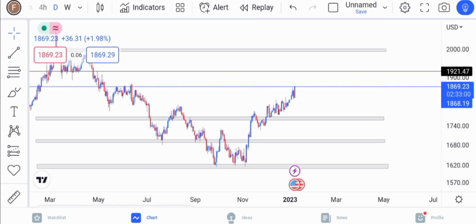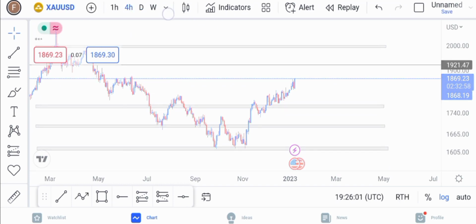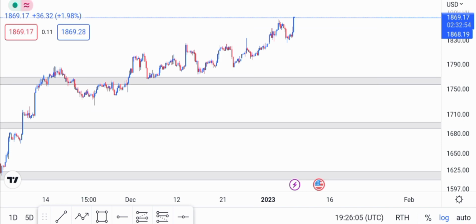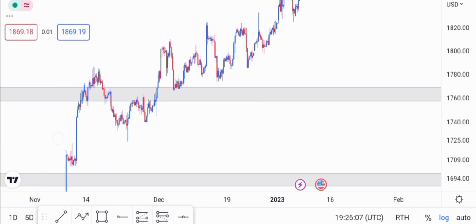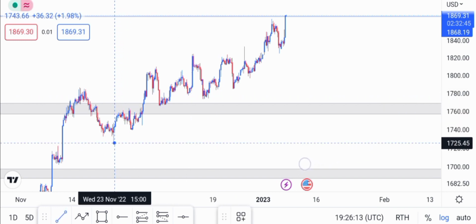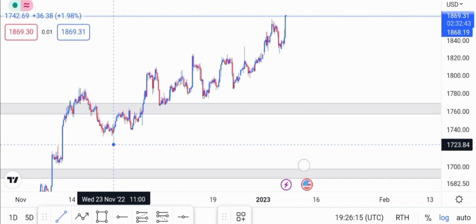Let us move to the 4-hour time frame on gold to get more information out of it. By looking at this, I can see this is our lowest low.